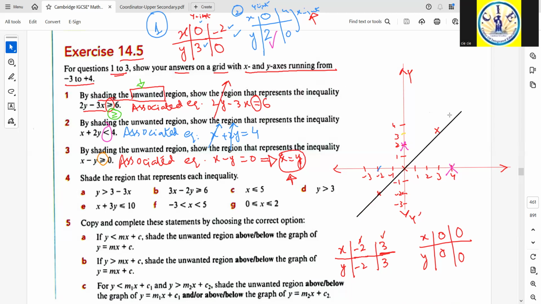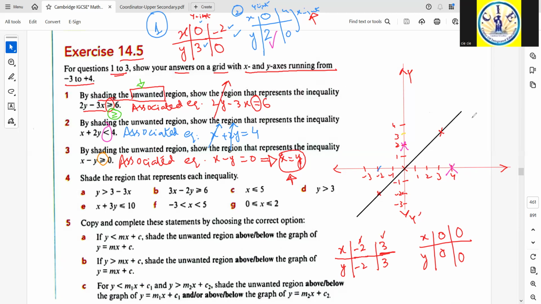Like this. So let me have this point marked correctly, here. Okay. Now this is the graph of the given inequality.